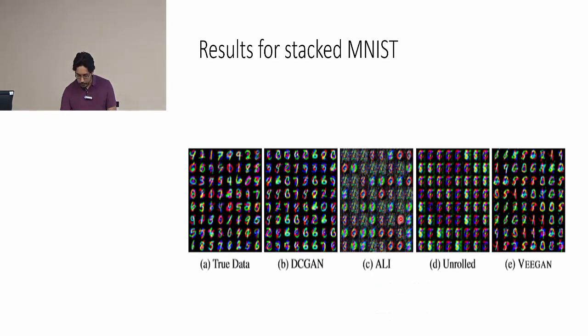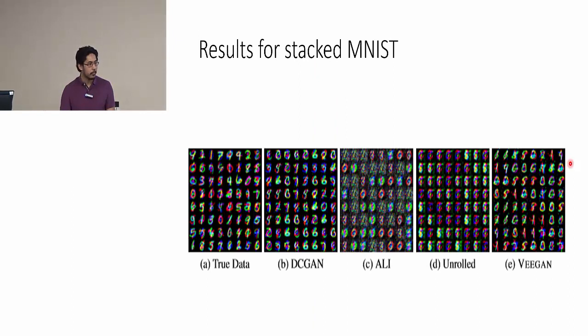As you can see here, DCGAN did a few that looked similar to the true data, but most of them are basically random shapes. Ollie just put out noise on a bunch of them. The same thing happened with Unrolled, but if you look over at VEEGAN, you can see that it did decently well on this data set.